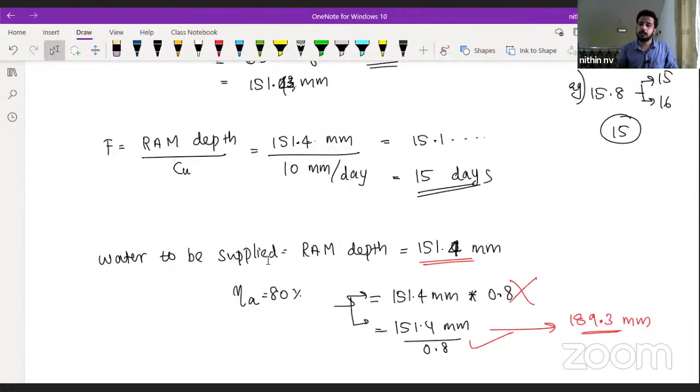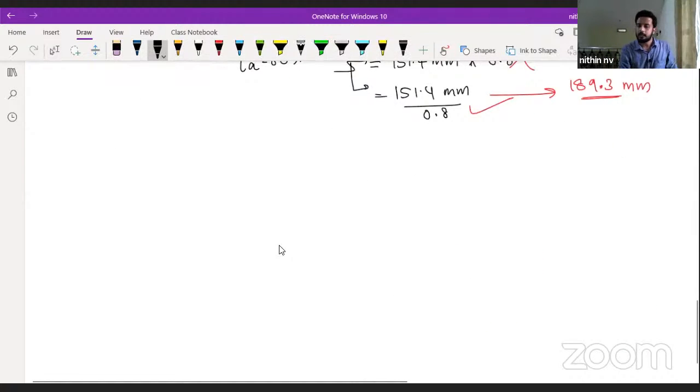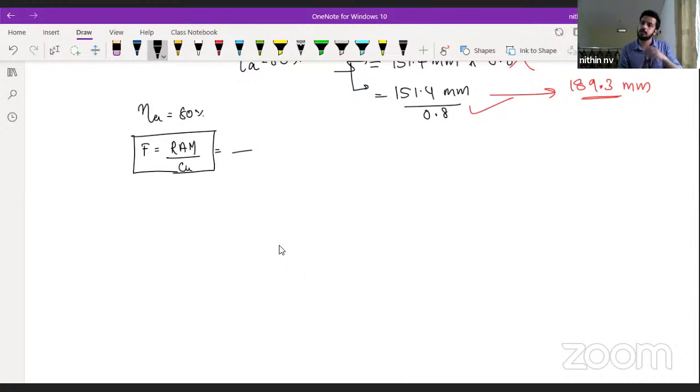If they give the application efficiency also, we are not going to consider it in the frequency. But there is also a possibility which I told you. In the options, suppose you calculated the frequency using readily available moisture and consumptive use, and that answer is there in the options, although application efficiency is also given. Then we select it as it is.